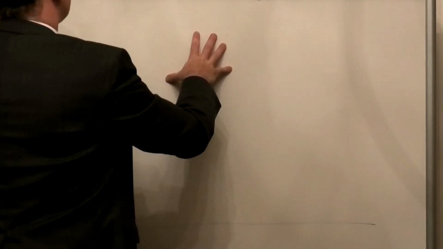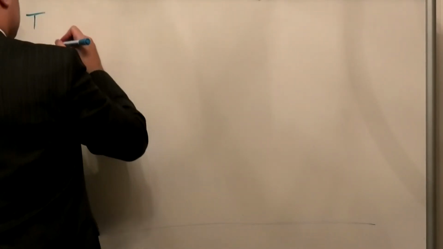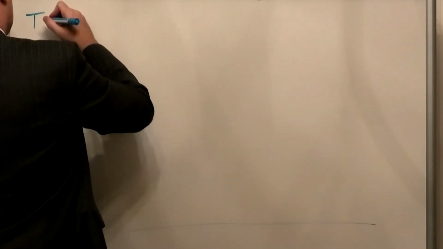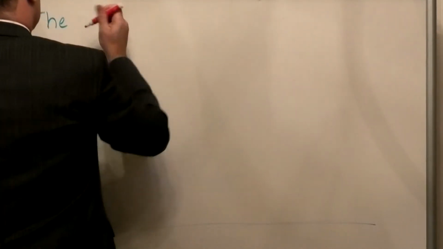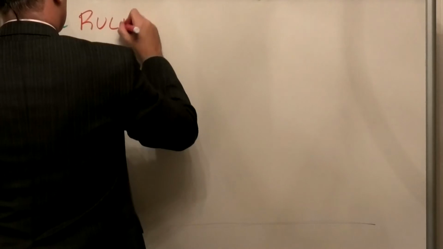The rule for intervals is, there's a rule for intervals, and this is the rule for intervals. And at first you may be like, what does that even mean? But as we go through it, it will begin to make sense. So the rule, R-U-L-E.